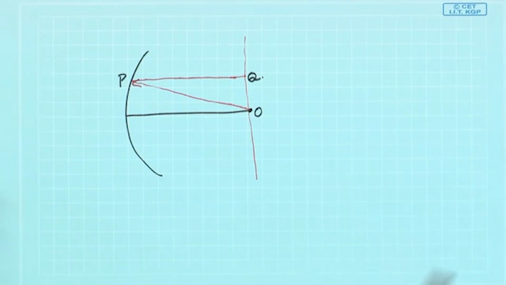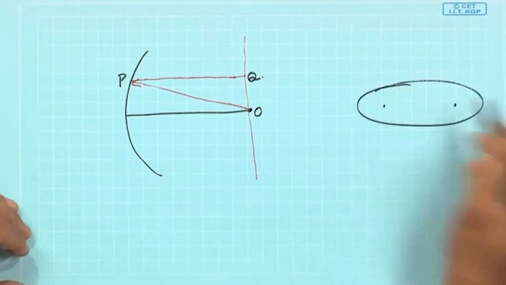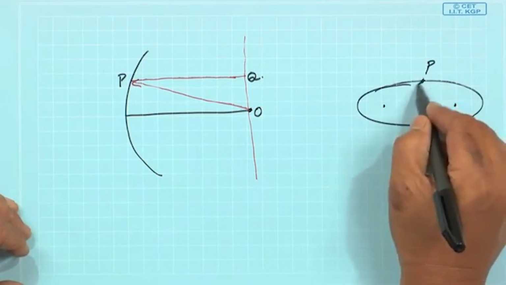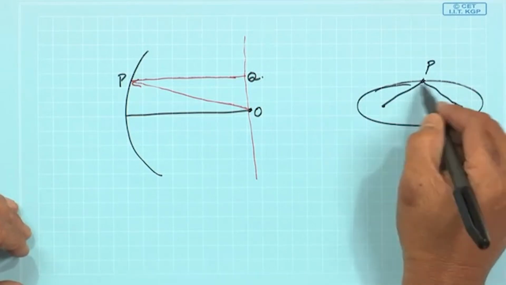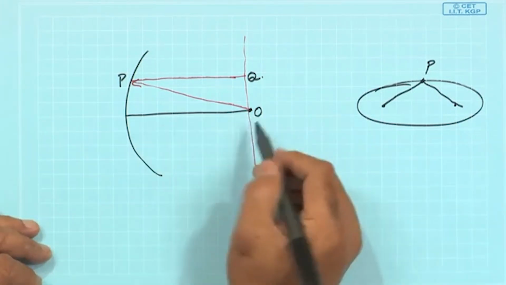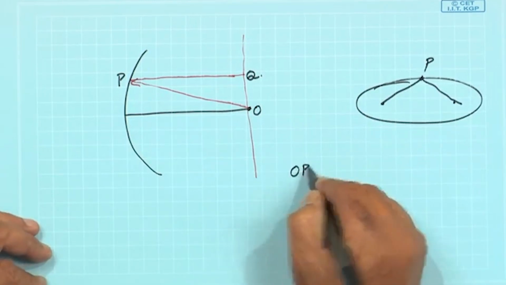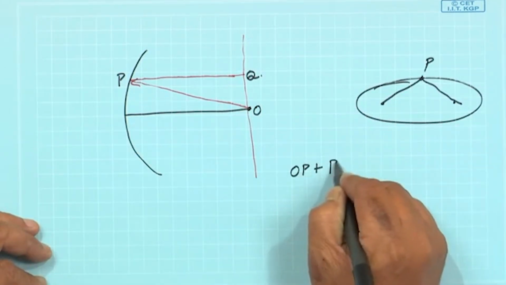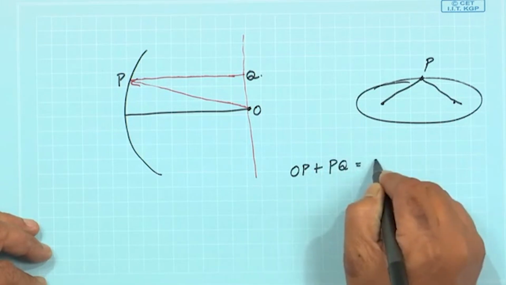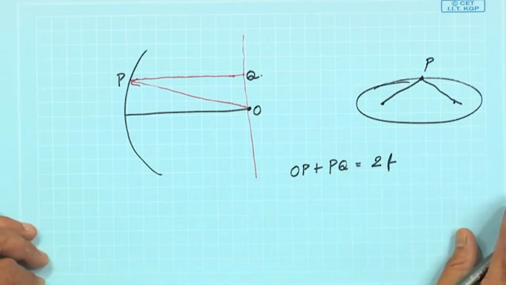From a point on the section, the sum of these two distances is always a constant. So, here we can say the same thing: OP plus PQ is equal to twice F, a constant.